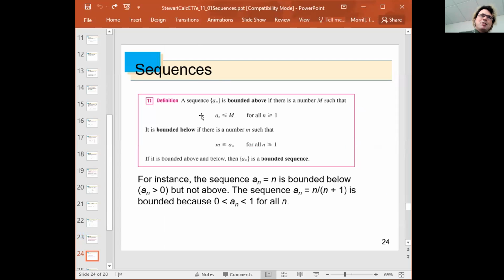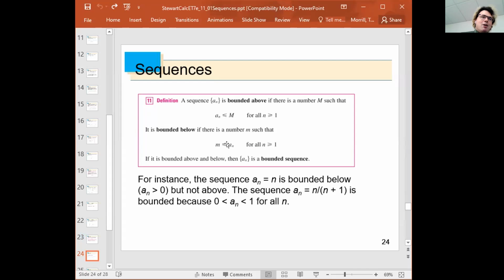So if all the numbers on the list are less than some number m, the sequence is called bounded above. If all the numbers on the list are greater than some lowercase m, I'll call that bounded below. So you can say that all the numbers on your list are less than something.